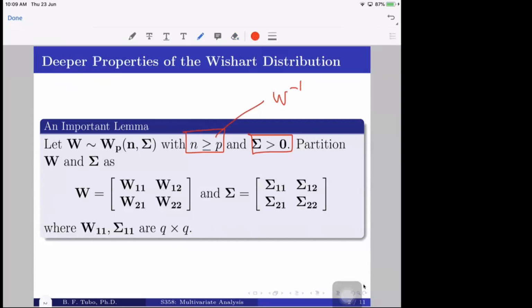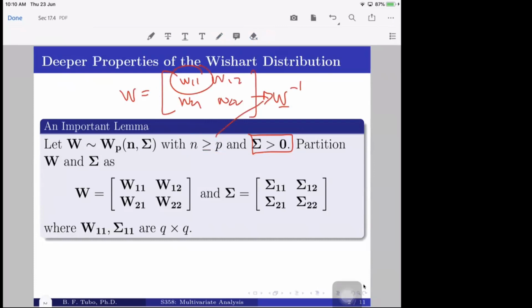So ibig sabihin, ang sulod sa imong W inverse, which corresponds to the components of your W, W11, W12, W21, and W22, kung kwaon nimo ang inverse, naa na siya iyang corresponding inverse.